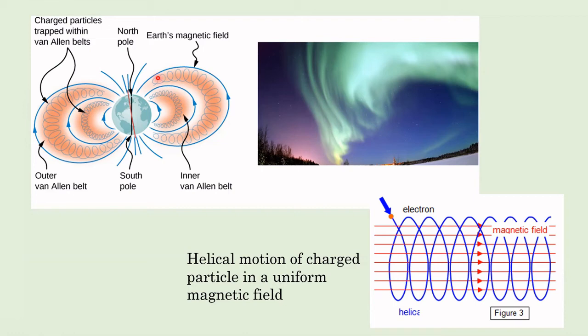But in the process of corkscrewing like that, they're going to have collisions with other particles high in the atmosphere. I don't know the details, but you get this remarkable effect called the aurora. I think it's borealis in the north and australis probably in the south. So if you've ever witnessed the aurora, then you've also seen confirmation of the circular motion or helical motion of charged particles in a magnetic field, a magnetic field that's close to being uniform.